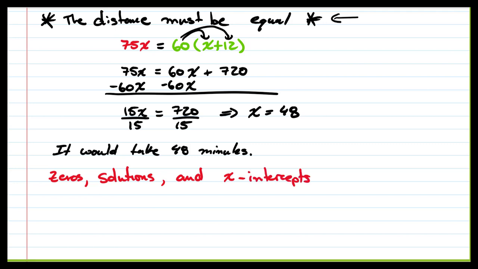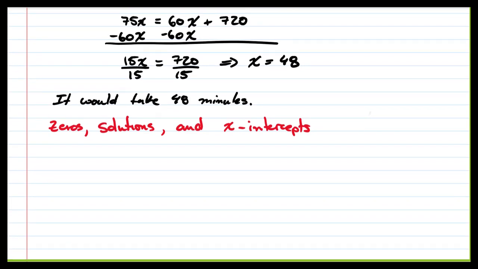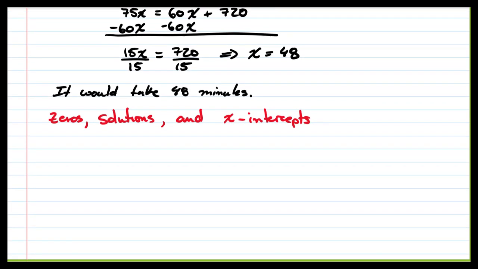So if we think back to an earlier section when we were talking about x-intercepts, to find the x-intercept, what did we do? We set y equal to 0 and then solved for x. So keep that in mind as we proceed through this next definition.